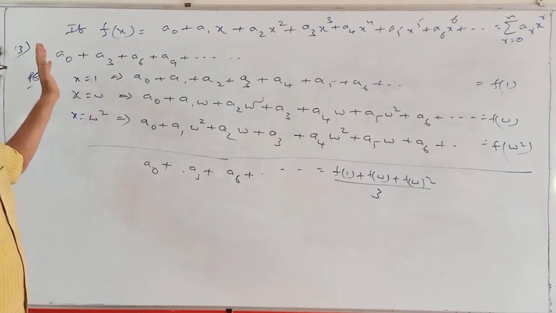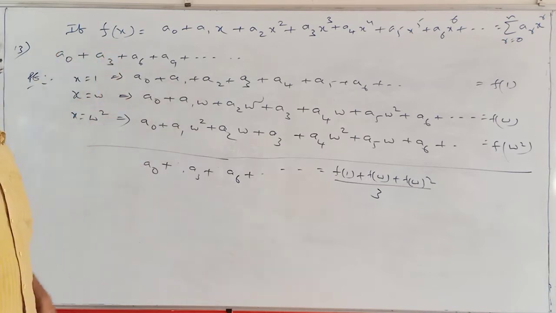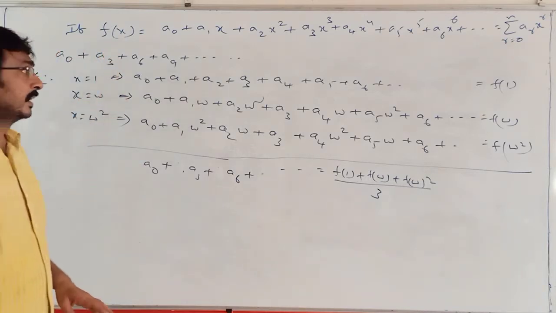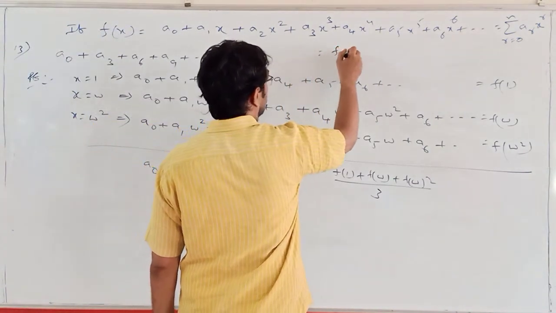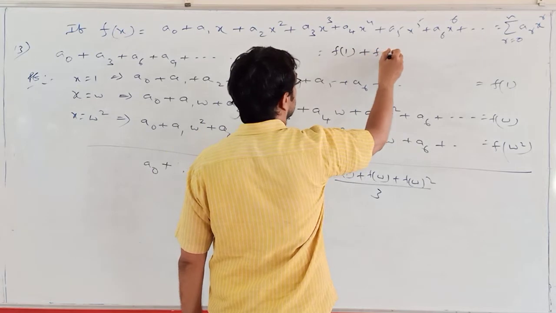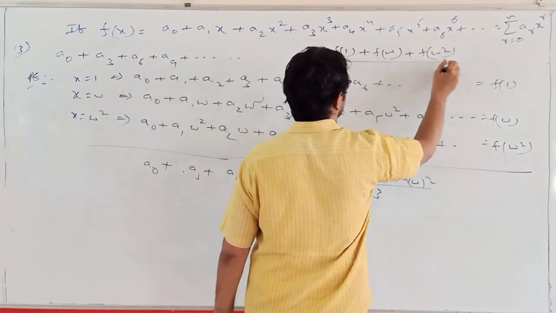Then the cube roots of unity 1, omega, omega square. So the answer is the formula: f of 1 plus f of omega plus f of omega square, by 3.